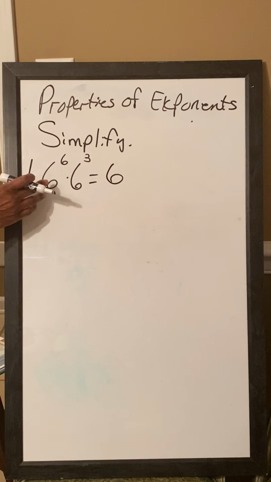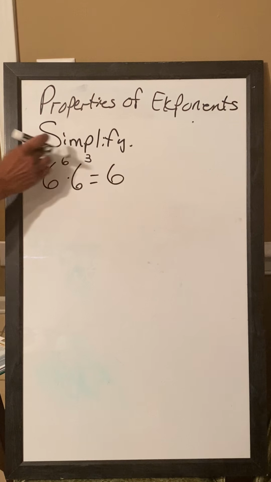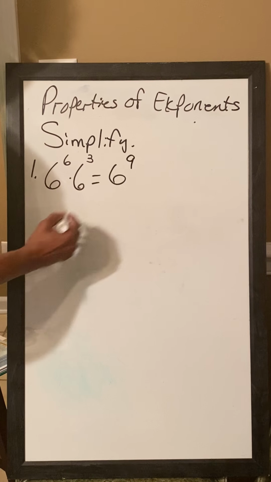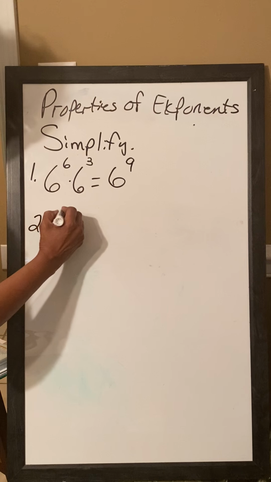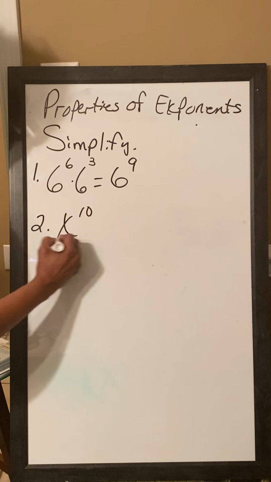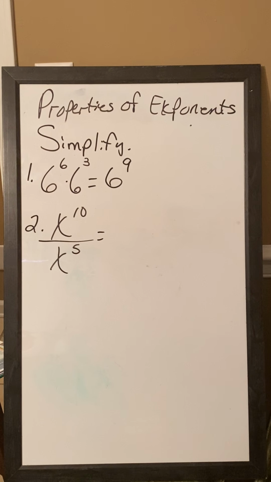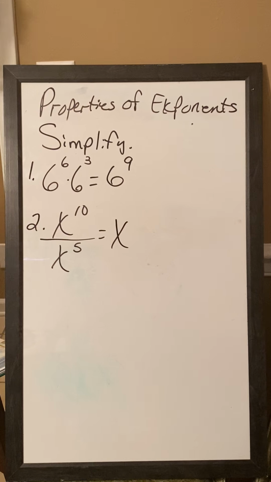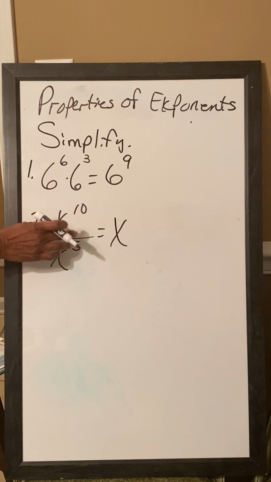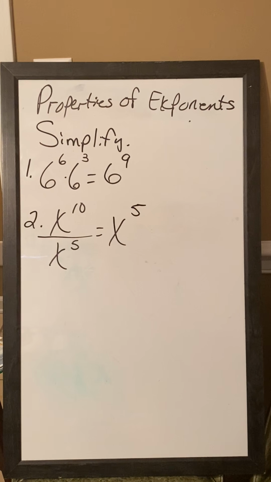And remember, when you multiply like bases, add the exponents. 6 plus 3 gives us 9. Example 2. If I had x to the 10th divided by x to the 5th, when I divide like bases, I'm going to bring that base x over, subtract the exponents. 10 minus 5 gives me 5, so I get x to the 5th power.